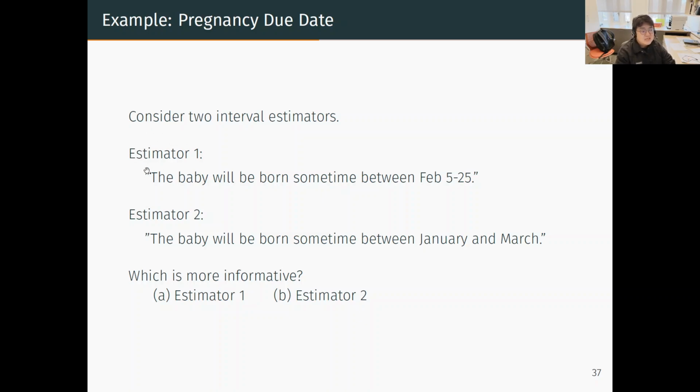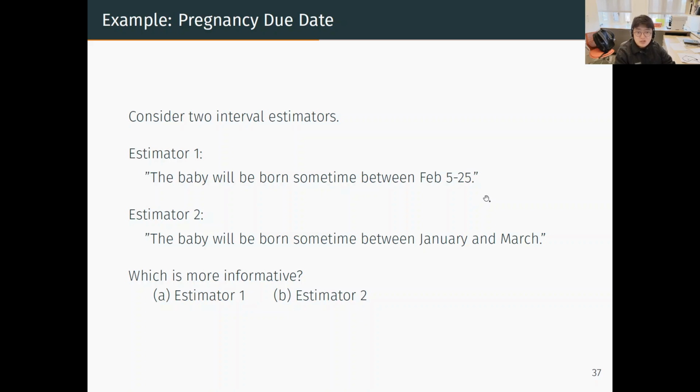The first method yields a due date like this, February 5th until 25th. The second method says your baby will be born between January 1st and March 31st. Among these two methods, which one is more informative?